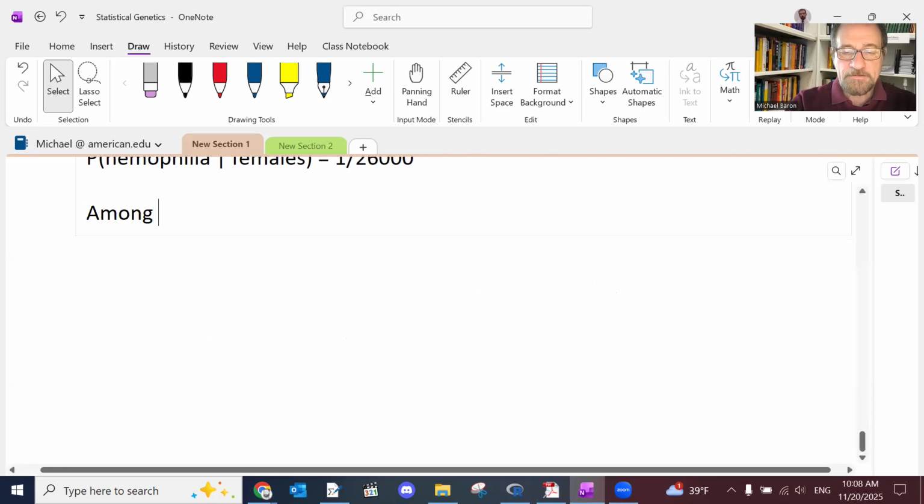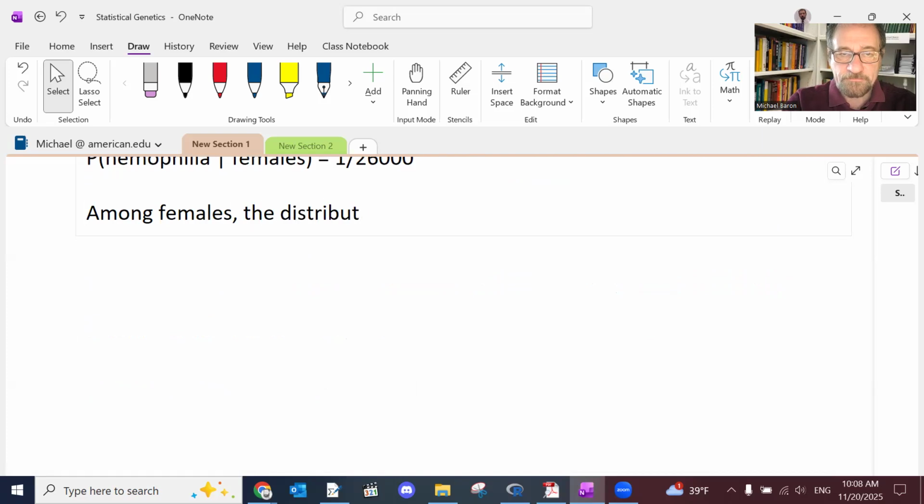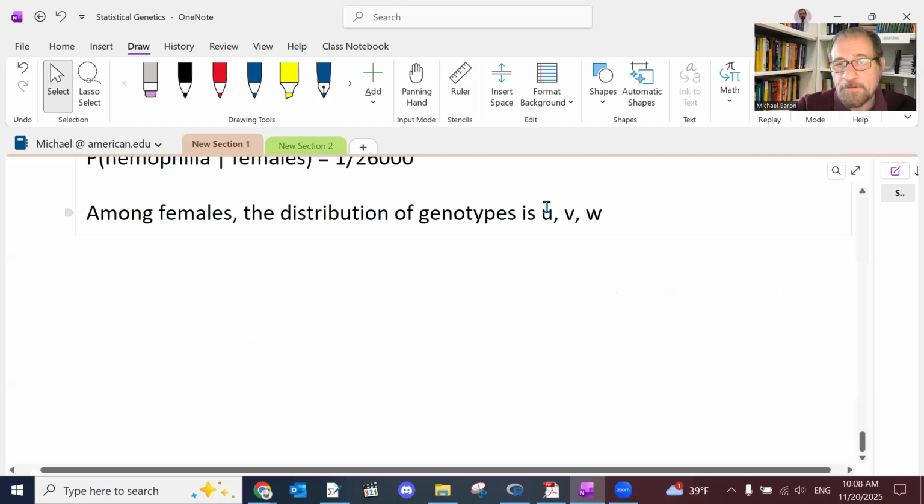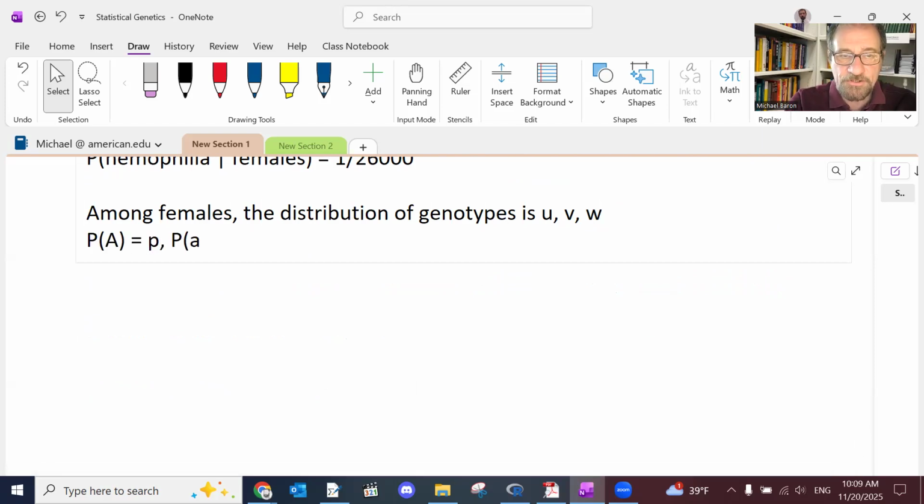So among females, the distribution of genotypes, we agreed, is U, V, W. The probabilities of dominant homozygote, heterozygote, and recessive homozygote. And the probability of dominant gene is P, probability of recessive gene is Q. Among males, well, they only have one X gene, right?